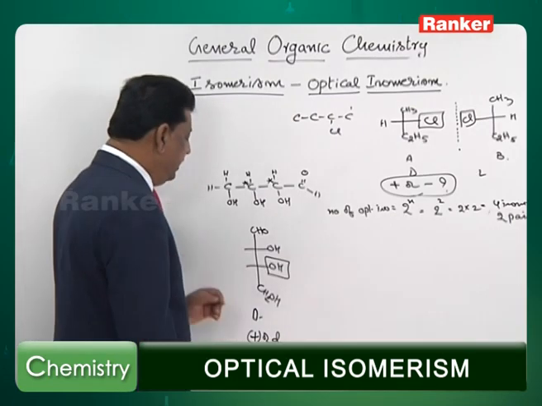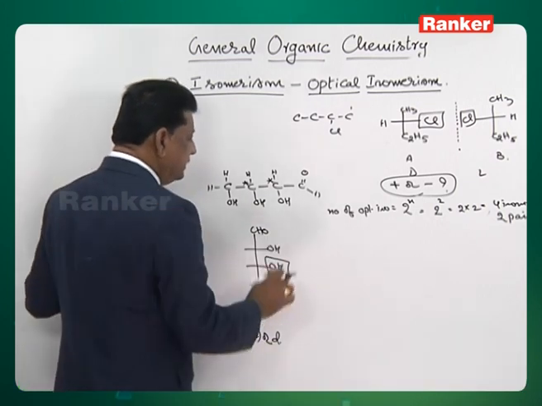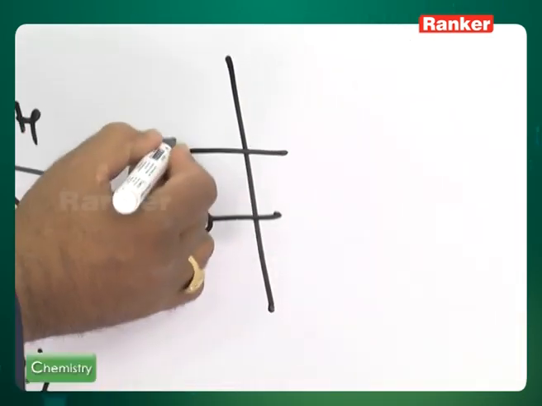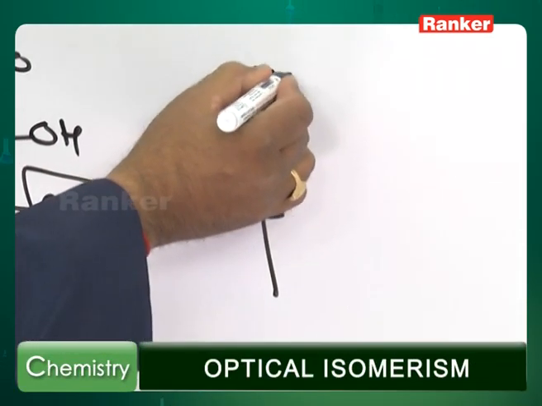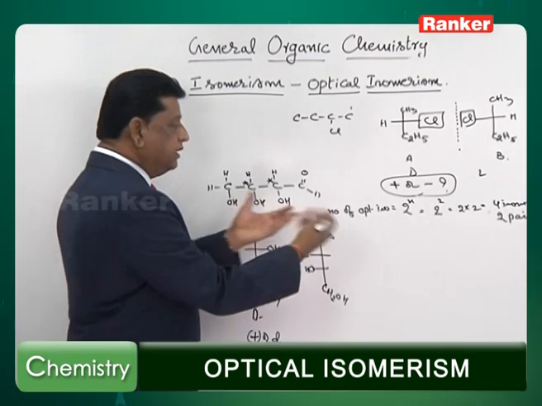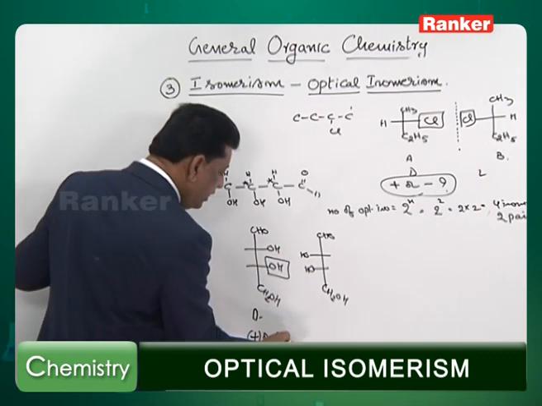So, it is a D compound with 2 OHs on the same side, and its mirror image is possible. The compound with 2 OHs on the same side is called erythrose. We have the first set with one name, the second set with another name, instead of the same name for all 4 compounds. D-erythrose I call.